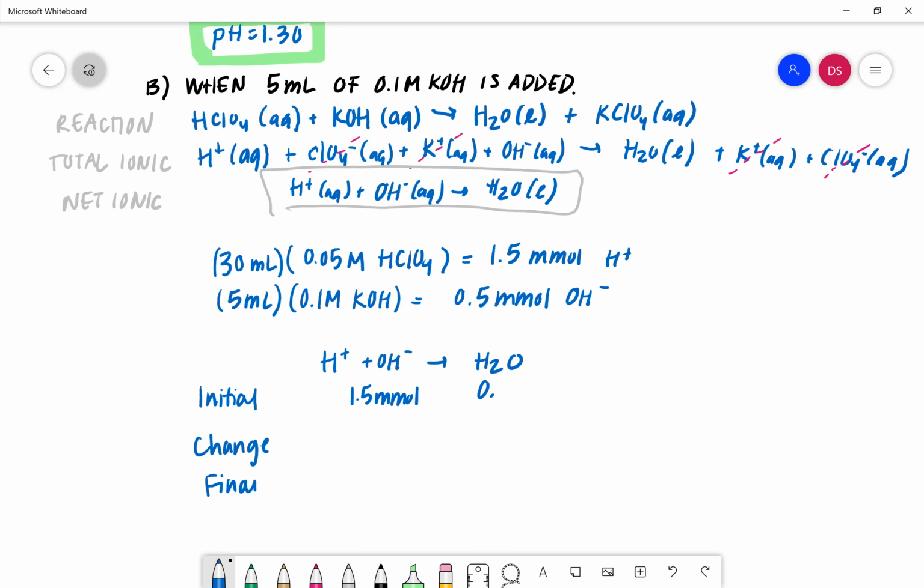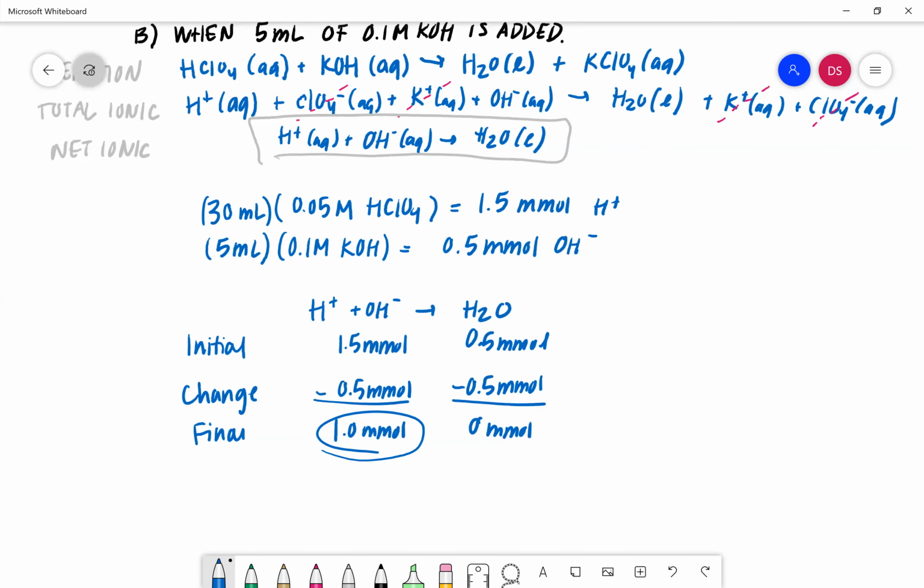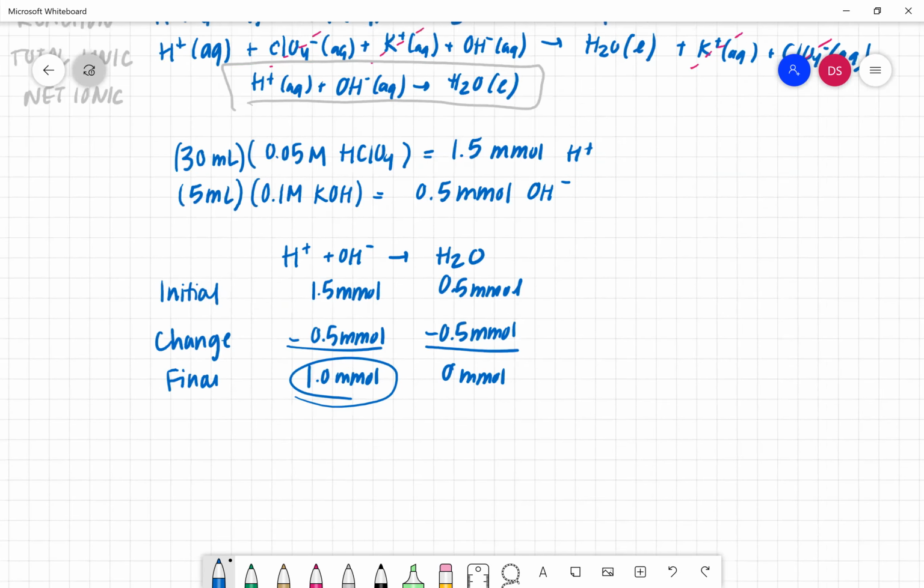I put 0.5 millimoles right here. And we subtract 0.5 millimoles because hydroxide ion is the limiting reactant. That's why we're subtracting 0.5. And that gives us 1.0 millimole. And this is the number we're going to be using to calculate our molarity.